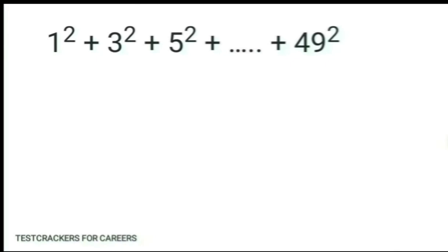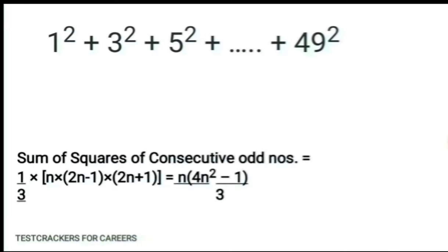Now let's find the sum of the series 1 square plus 3 square plus 5 square etc. till 49 square. We know that the sum of the series is given by 1/3 into n into 2n minus 1 into 2n plus 1, which is also equal to n into 4n square minus 1 divided by 3.